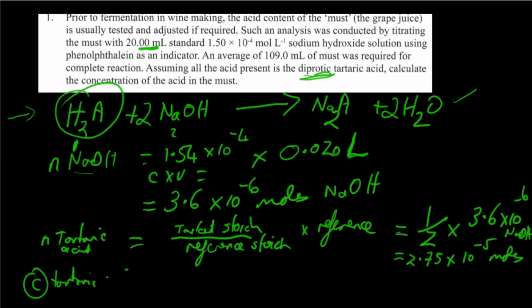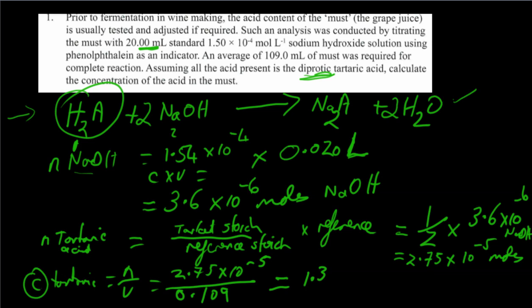C equals N, number of moles on V, which is equal to 2.75 times 10 to the minus 5, sorry, divided by 0.109. Okay, and that will give you a number of 1.3761 times 10 to the minus 5 mole per litre.